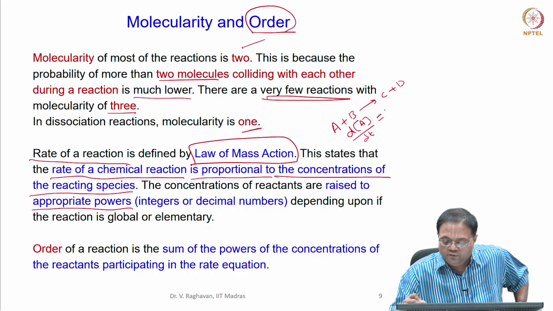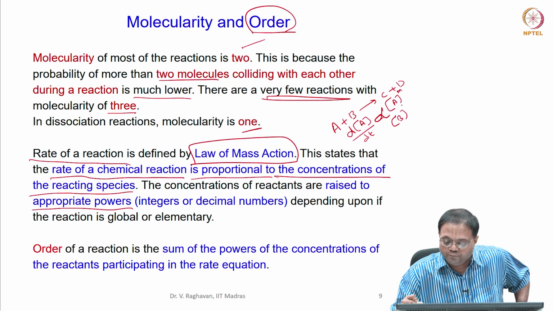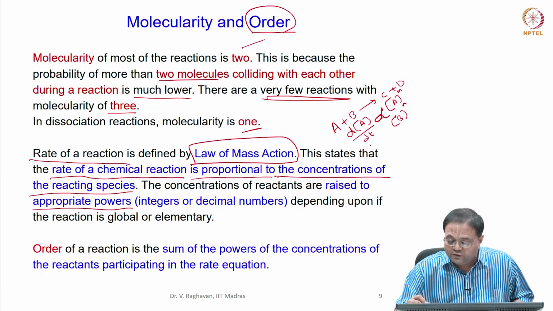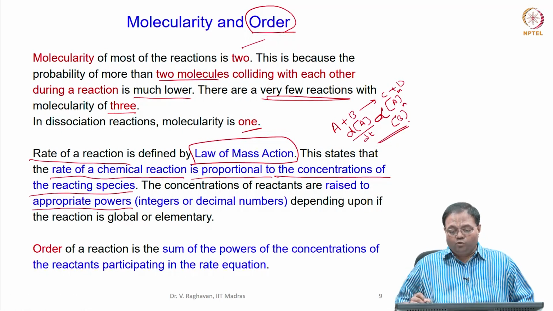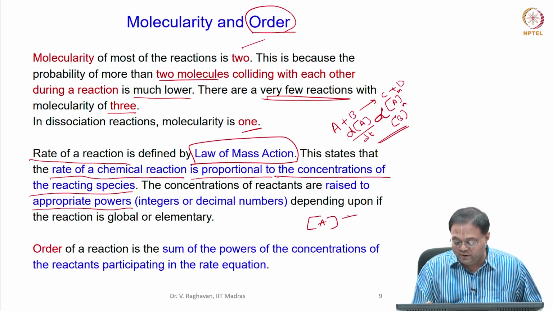This is proportional to the concentration of the reactants raised to some power. So, m and n are some appropriate powers. This is called the law of mass action, the rate of a reaction. So, when I put brackets like this, it means the concentration of A.